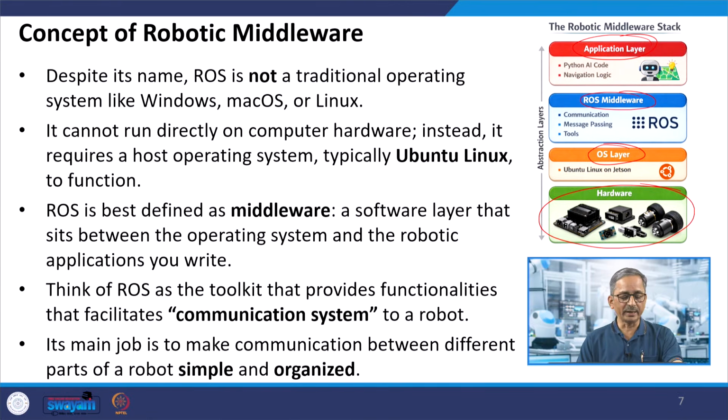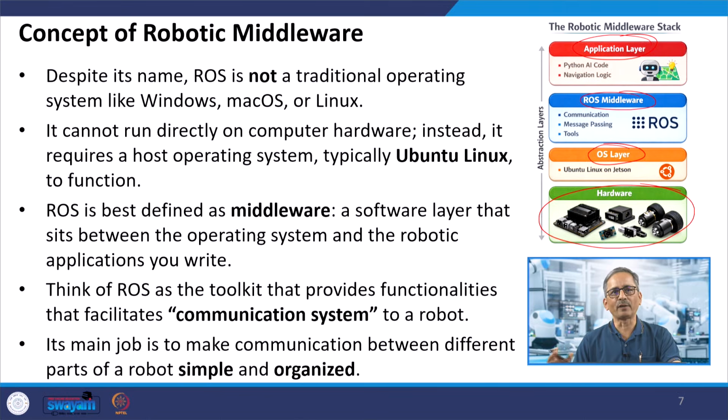It is not a traditional operating system like Windows, Mac or Linux. It cannot run directly on computer hardware. Instead, you need an operating system such as Ubuntu Linux for it to function. It is a middleware, a software layer that sits between your operating system and the robotic application which you are planning to have.